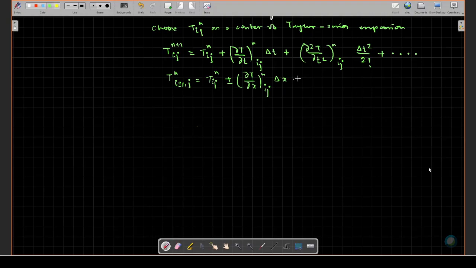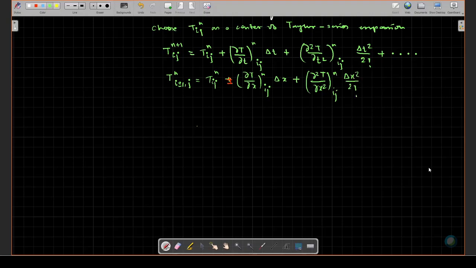The second term is positive only, there is no plus minus here. The plus minus is coming only in the first term. And for the second derivative, del 2 T by del x square at ij^n, times delta x square by 2 factorial.